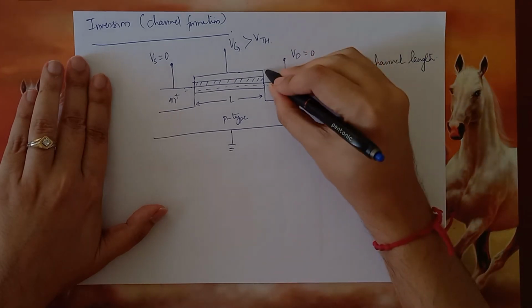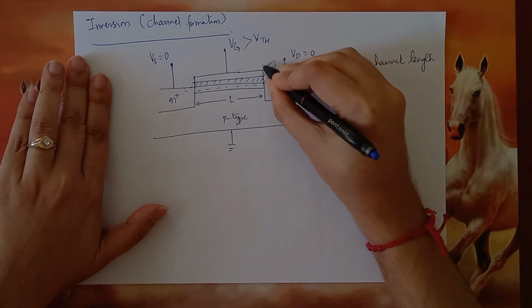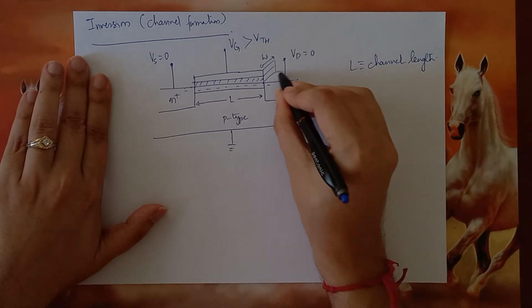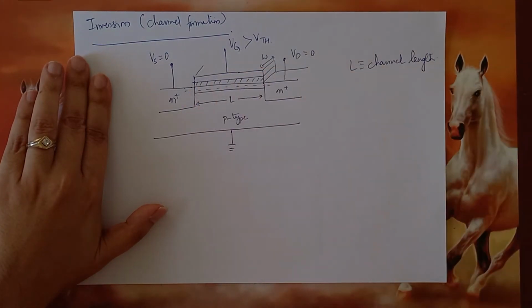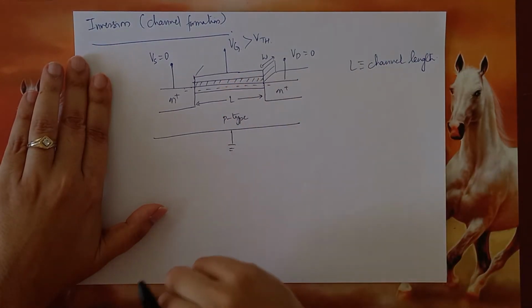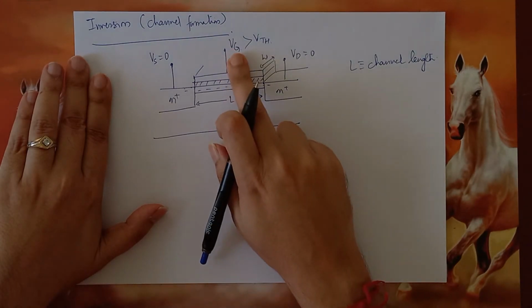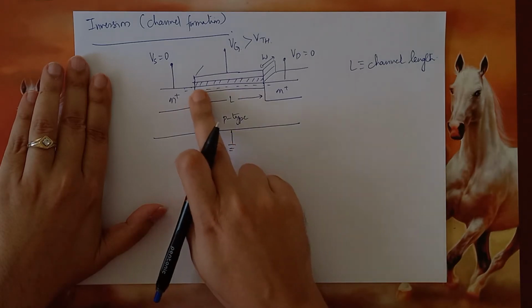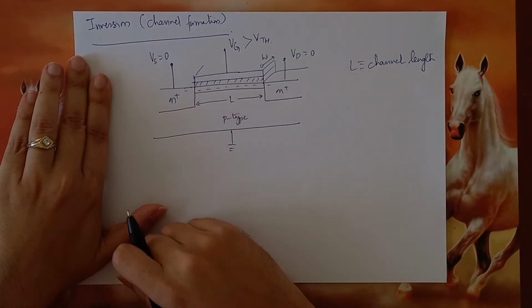And also the gate from the top may have some width, let us call it W. But all said and done, when the inversion happens, when the gate voltage exceeds the threshold voltage, this channel is actually uniform in nature.